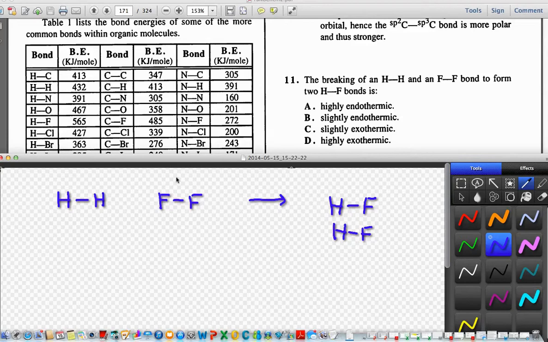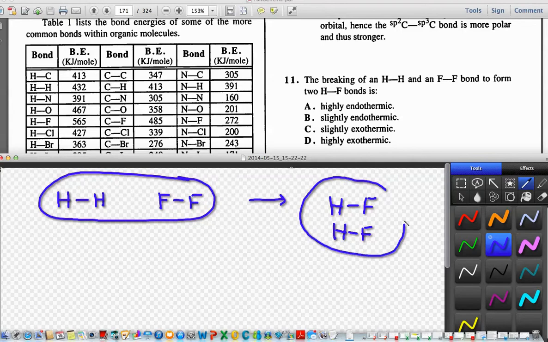We want to compare the combined energy of these two to the combined energy of these two. And if the products are stronger bonds than the reactants, it's exothermic. If the reactants are stronger than the products, then it's endothermic. And the difference between the two will be able to give us the difference between highly and slightly. I don't like the words highly and slightly, but we'll just go ahead and beat them at their own game.